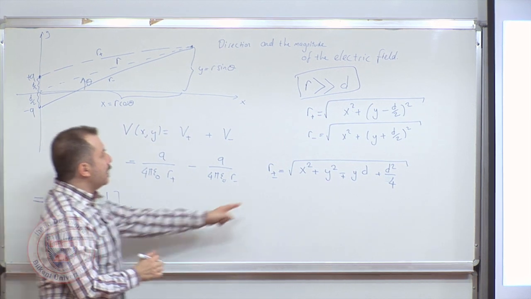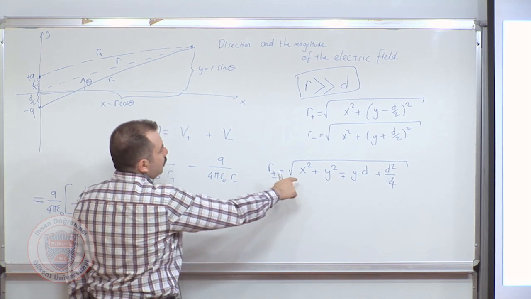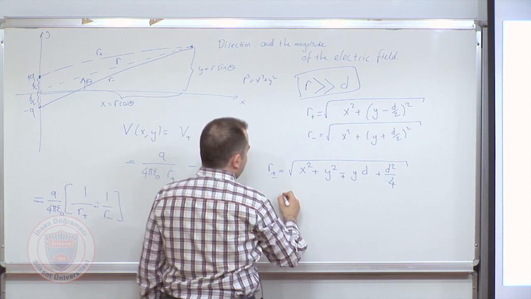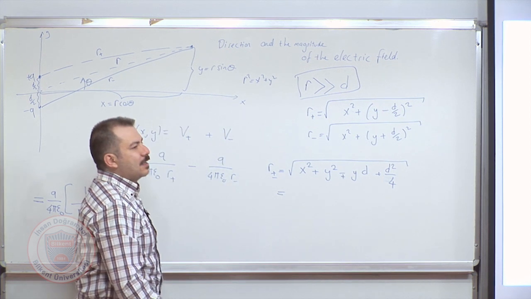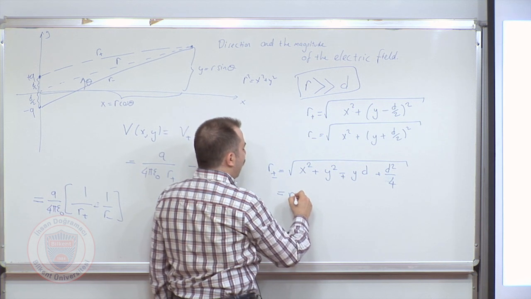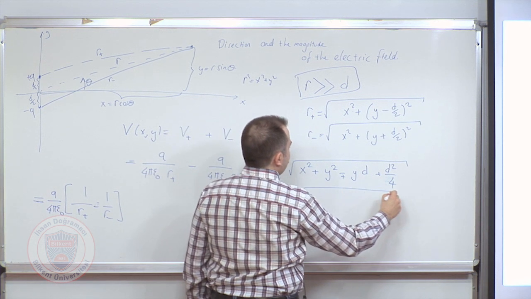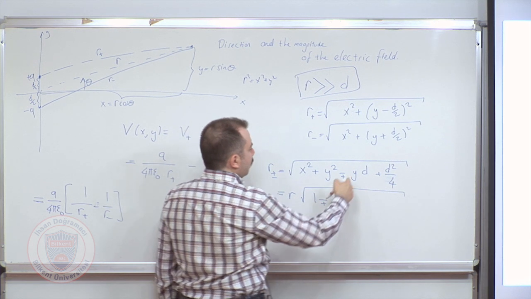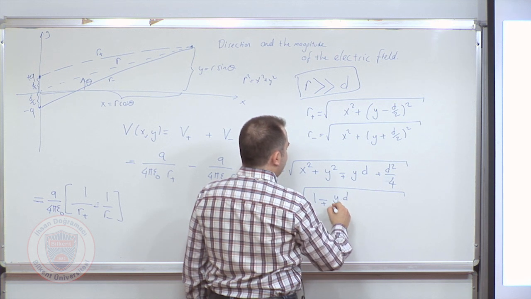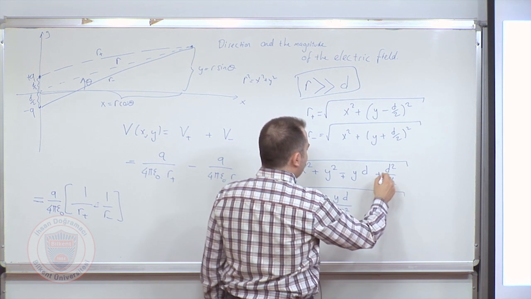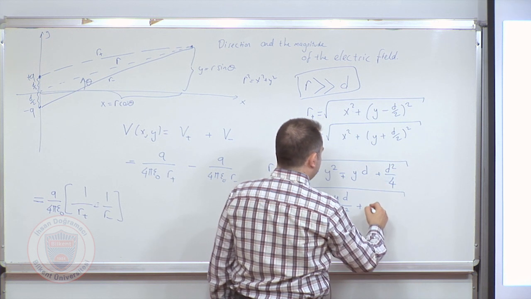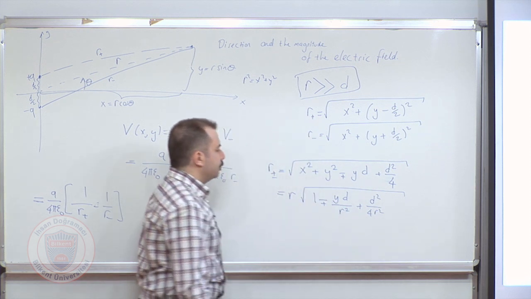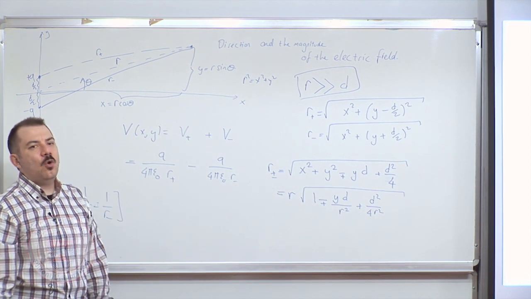Now, r square is x square plus y square. So if I take r square out, I'm going to say this is r times the square root of 1 minus plus y d over r square plus d square over 4 r square. Now, d over r.